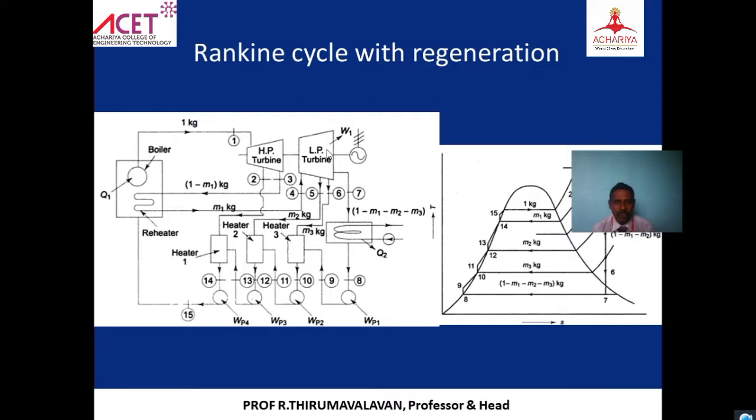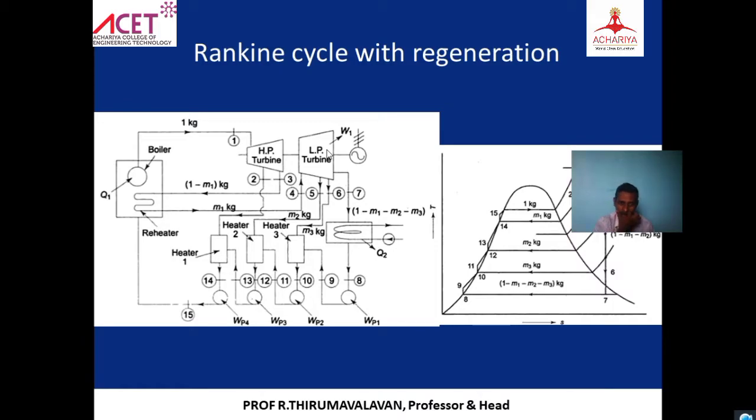From the boiler it is expanded in the high pressure turbine. As it is expanded inside the high pressure turbine, we are not directly sending the whole steam into the condenser. We are going for the regeneration process, and reheating also takes place.